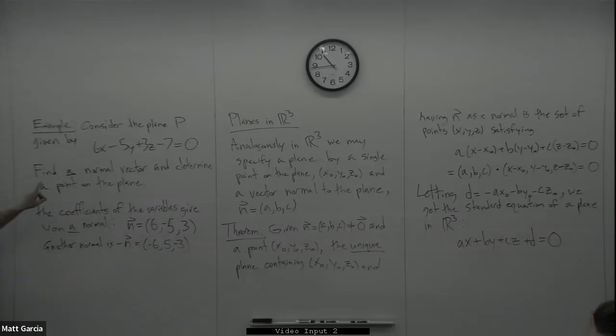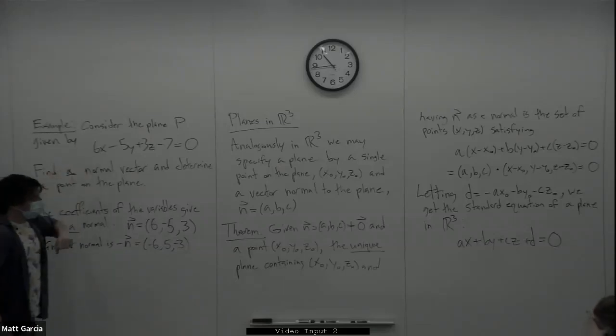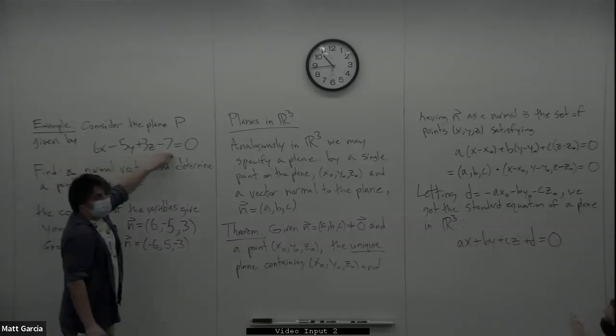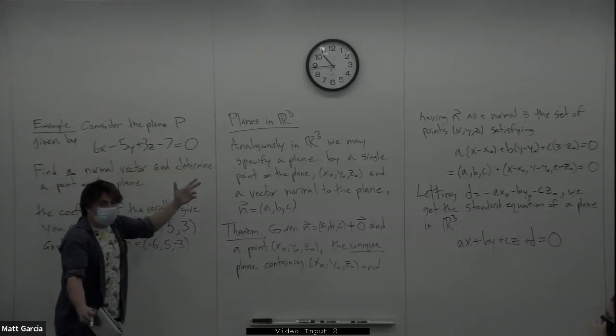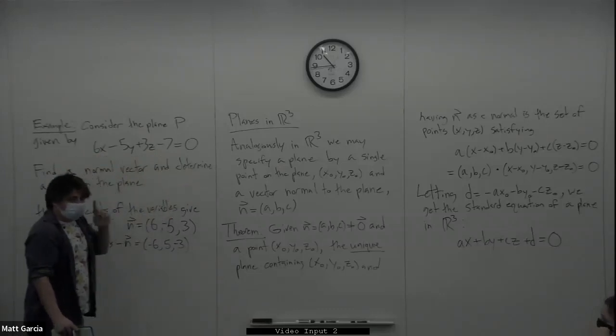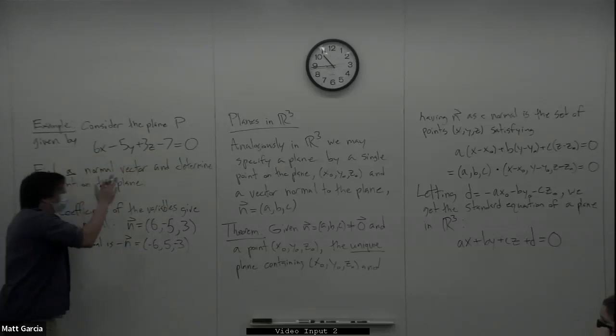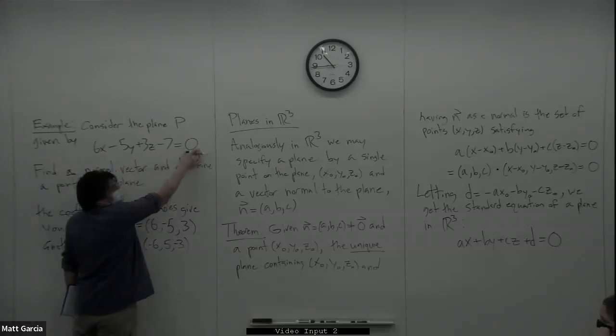How does that manifest in this equation? Well, what that means is that if I multiply this equation by a constant all the way through, it still specifies the same plane, right? Okay, so let that sink in. That's in part because I'm still equal to 0, right?